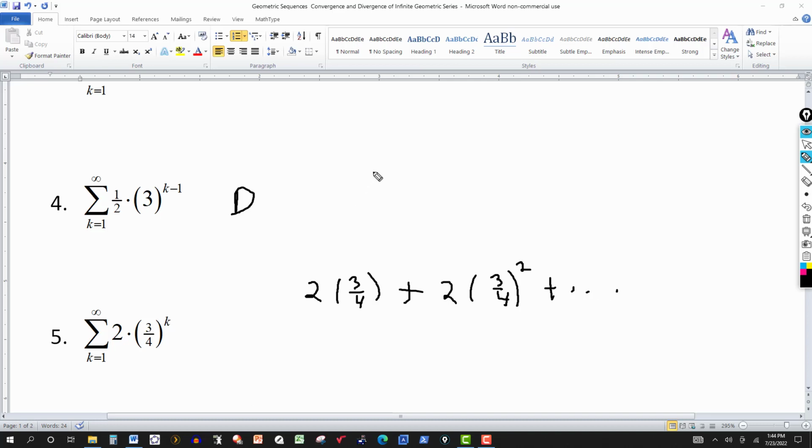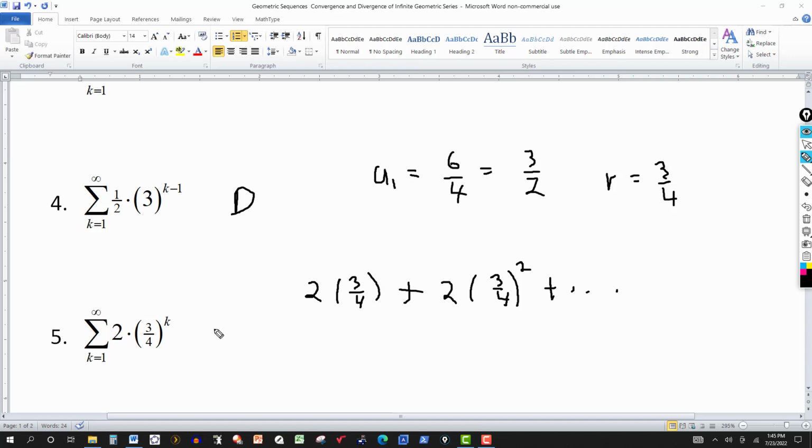So the first term, this multiplies out to 6/4. We can reduce this to 3/2. And the common ratio should be clear. The common ratio is 3/4.